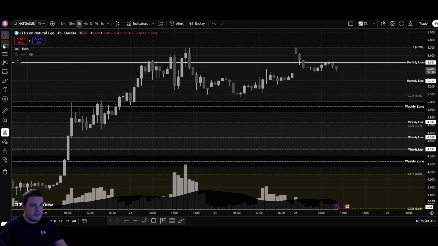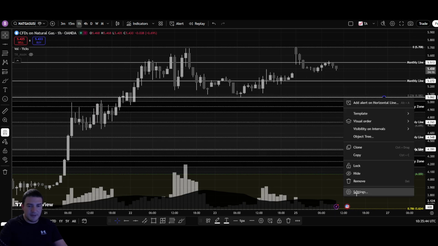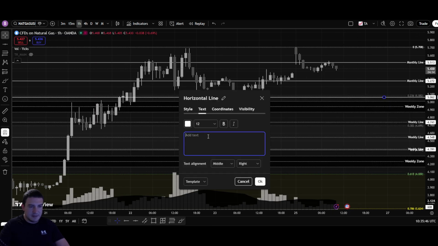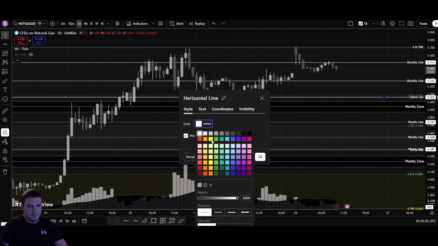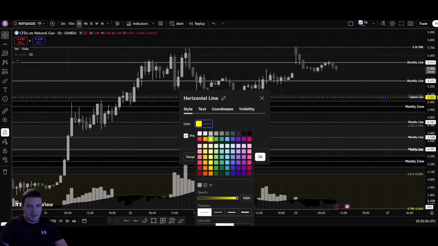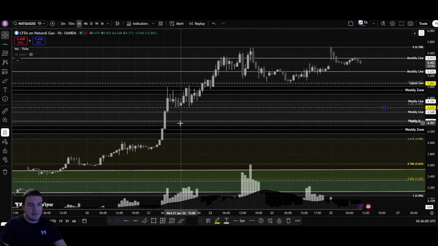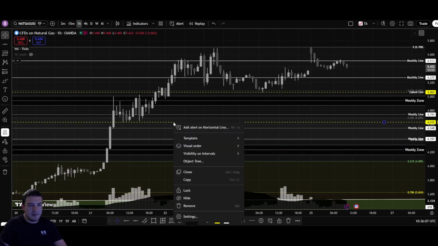I would say let's watch for this low, and we'll make it a special color. We'll just do it as a yellow line and put it as a dashed one. And if that low breaks, then maybe this one will be an official.